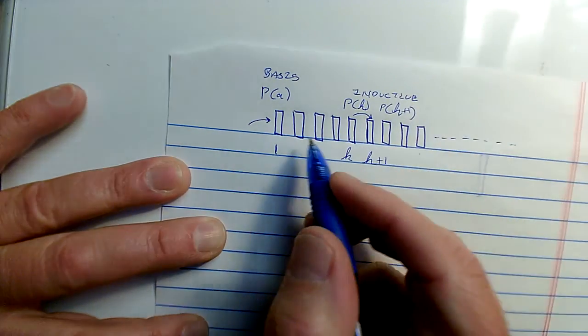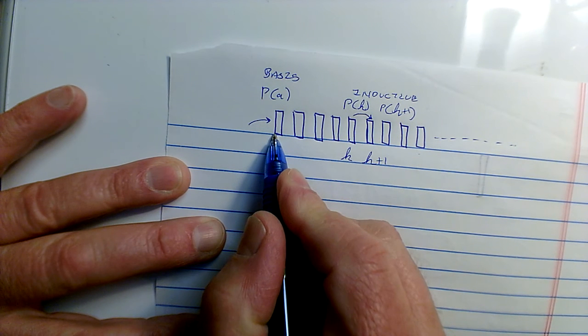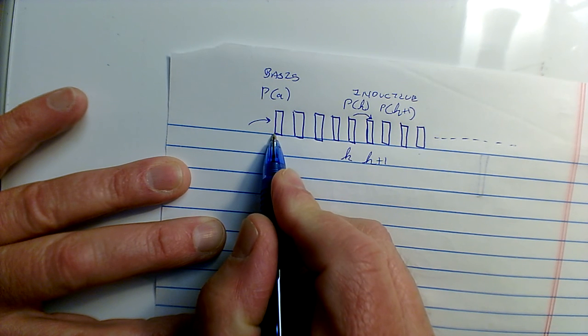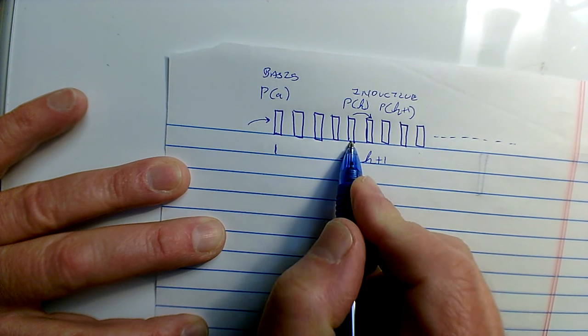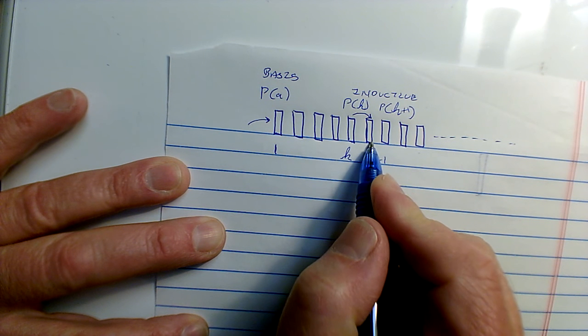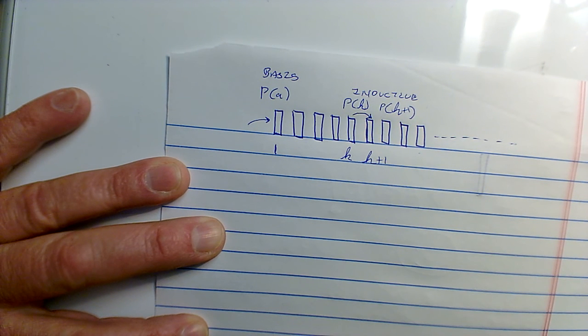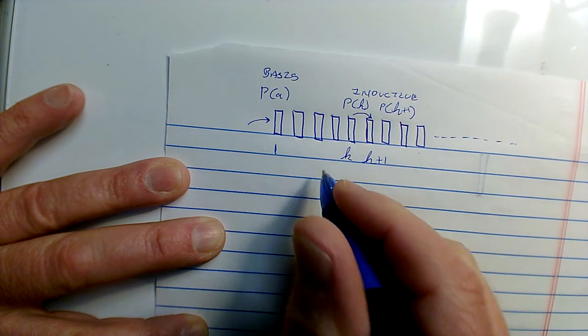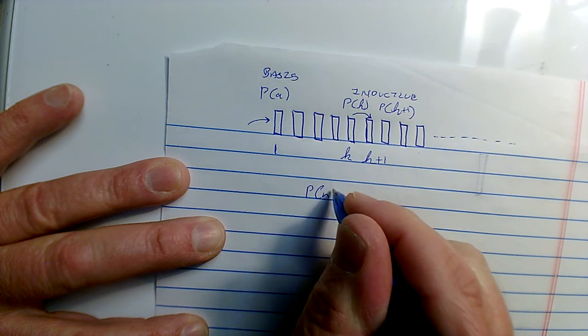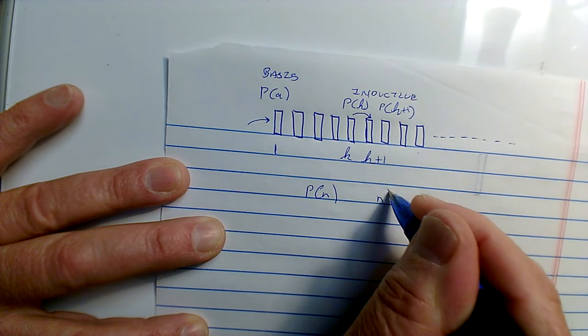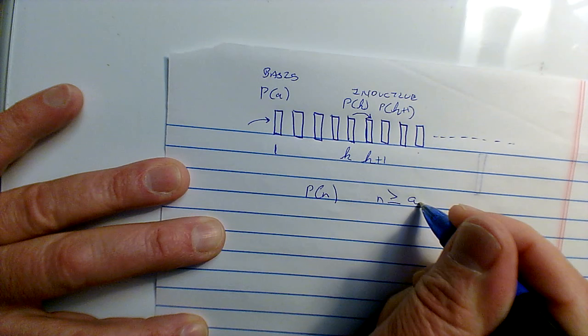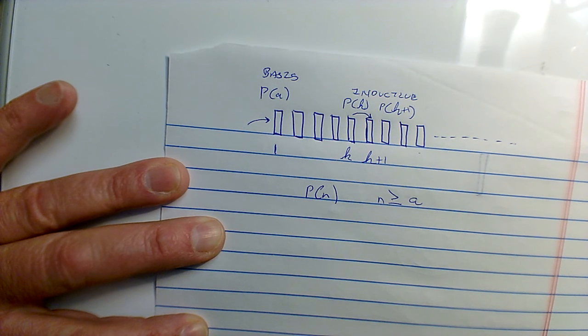Then we say, because we were able in the basis step to knock over the first one, and in the inductive step, that when we knock over the kth one we can knock over the one after it, the k plus 1th one, then we can say by the principle of mathematical induction this property is true for all the n's starting at our first one. In the next video, we're going to look at a famous example of being able to do mathematical induction.